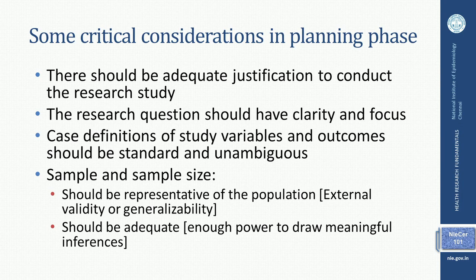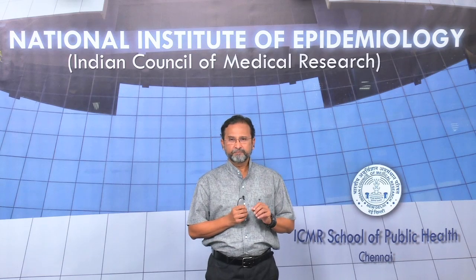Another critical aspect that has to be kept in mind is the sample and the sample size. It has two dimensions to it. The sample has to be qualitatively representative of the population in which the study is being conducted, because this leads to what we call external validity or generalizability.